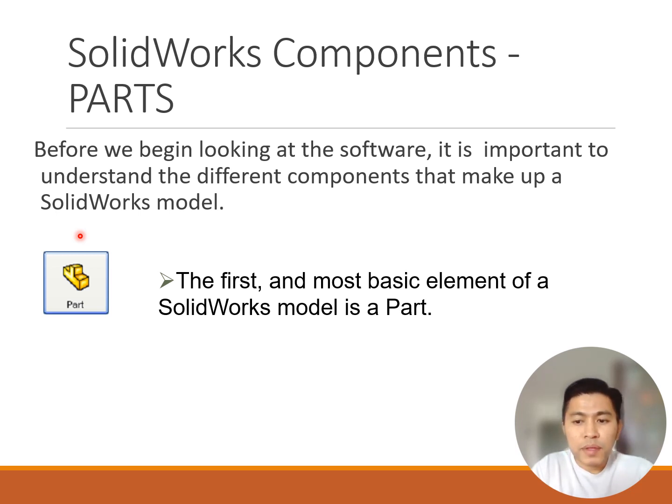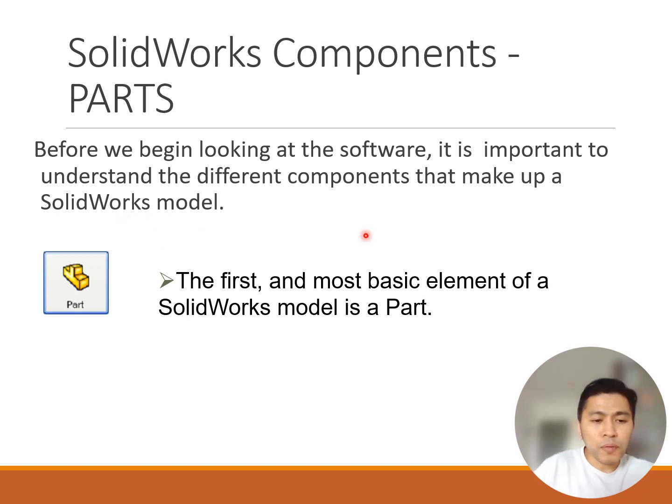Assembly mode contains parts or other assemblies that we call sub-assemblies. A part consists of primitive geometry and features such as extrude, revolve, loft and sweep. Parts will be the building blocks for all the models that we create.